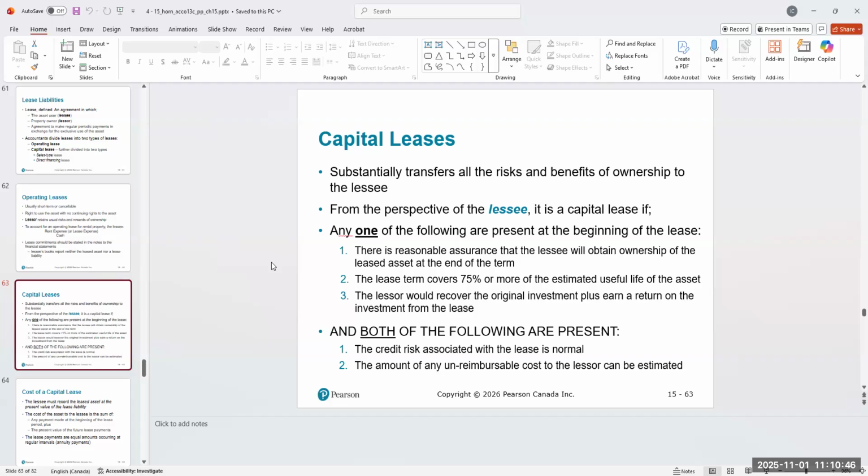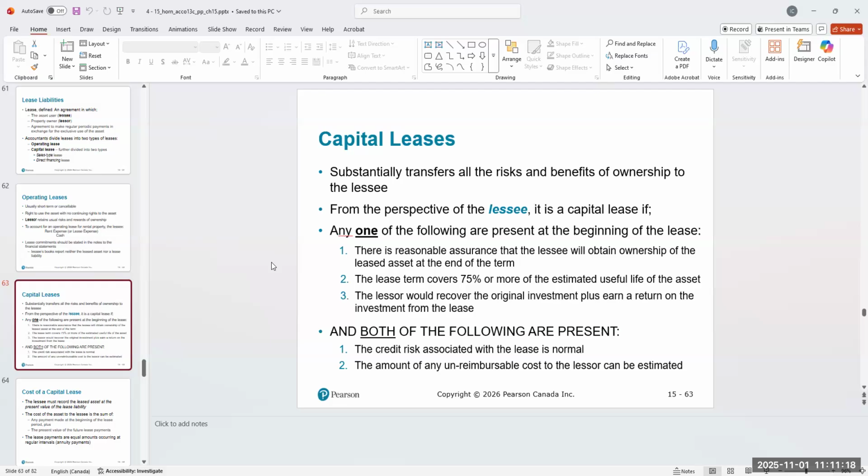So the second thing is, if the lease term covers 75% or more of the estimated useful life of the asset, then it's considered capital. What that means is very simple. If the useful life of the asset is 10 years and the lease term is 8 out of 10 years, this condition is met.